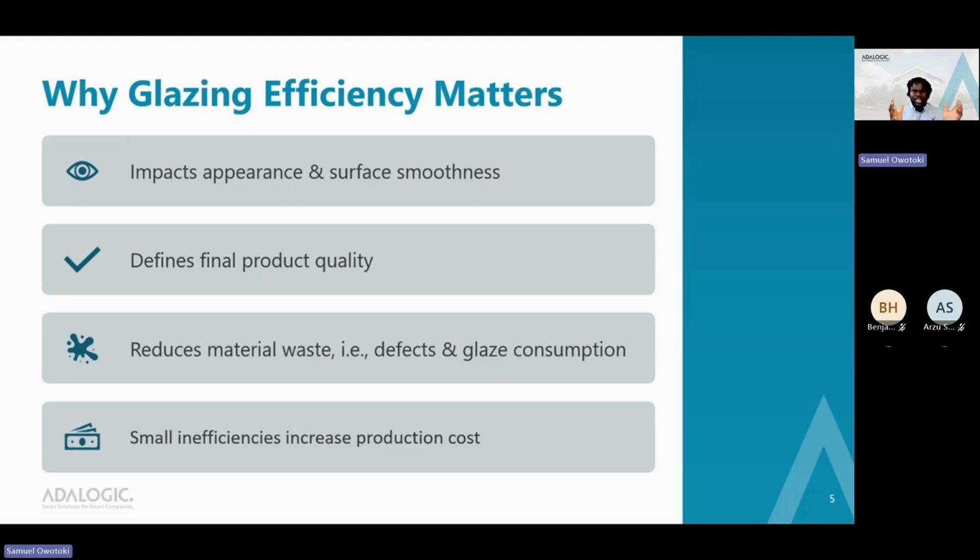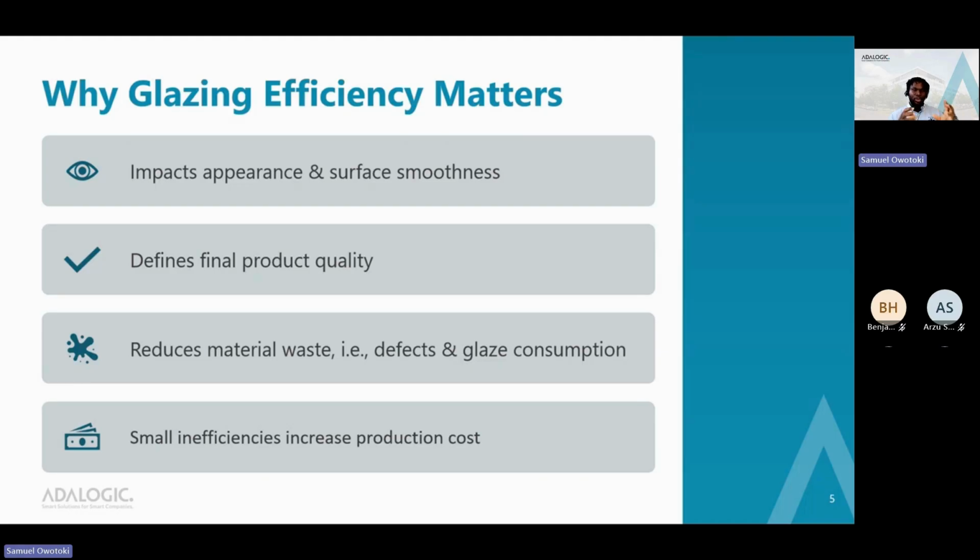And thirdly, glazing efficiency also reduces material waste, such as defects and excessive glaze consumption, right? So how do we mean defects? Defects happen basically when the sanitary ware pieces are not evenly smooth and the thickness layer is not smooth enough, and by so doing, we get a higher number of reworks.